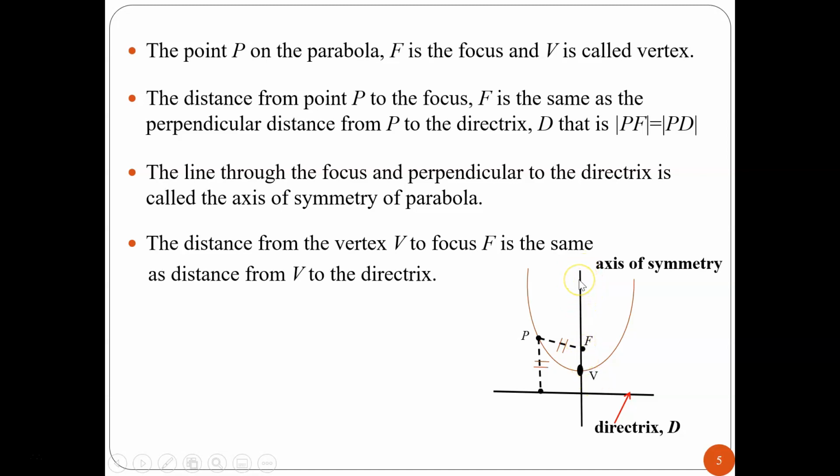If we fold this parabola, you will have the same on the left and on the right. And then the distance from the vertex V to the focus F is the same as the distance from V to the directrix. So this small length over here, V to F equals V to D. These two are actually the same length.